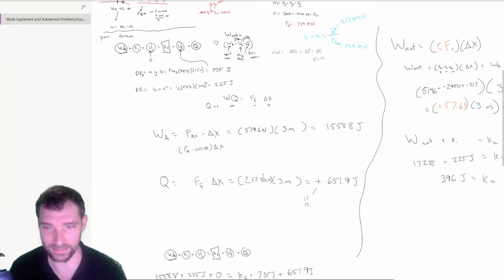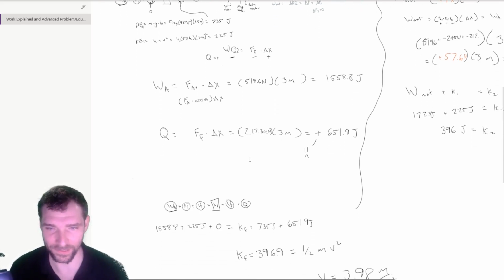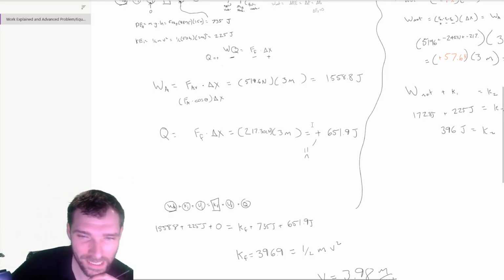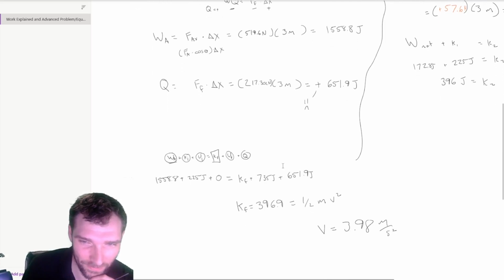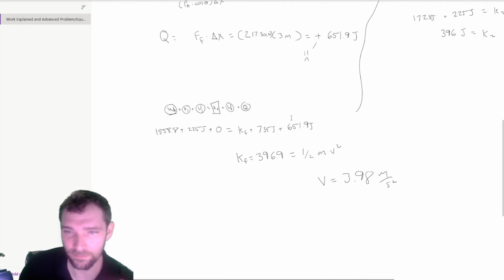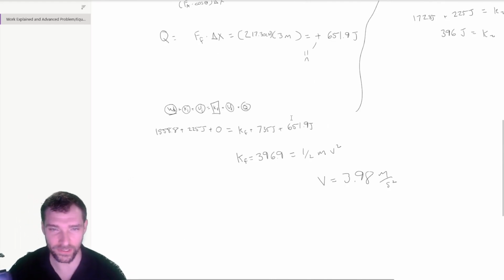So it was times that distance. And it's kind of weird, but you want that to be, in the context of this problem, a positive, with it being on this side of the equation, but it's really negative if you were to think about it in terms of the net work, because it slows things down. But again, we're putting that on that side of the equation.